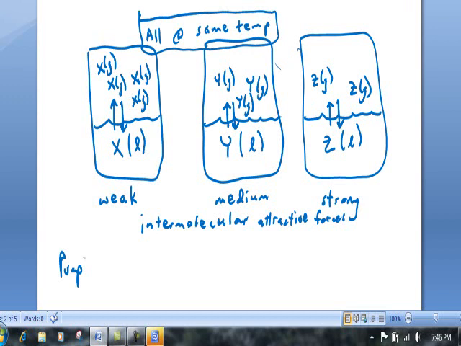The compound with the weakest intermolecular attractive forces has the most particles that become gaseous when it reaches the saturated equilibrium system. So compound X would have the highest vapor pressure at this given temperature. Compound Z would have the lowest vapor pressure at this temperature. And compound Y would have some vapor pressure that falls between compound X and compound Z at this particular temperature.